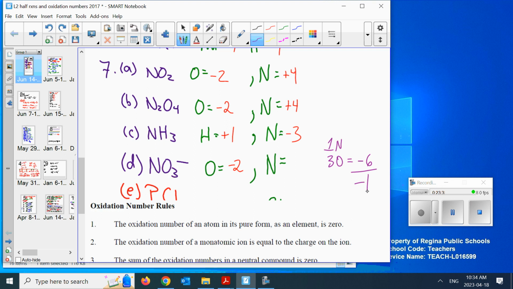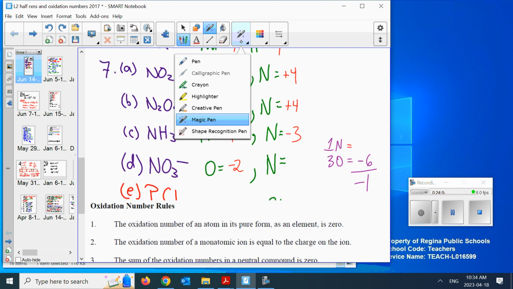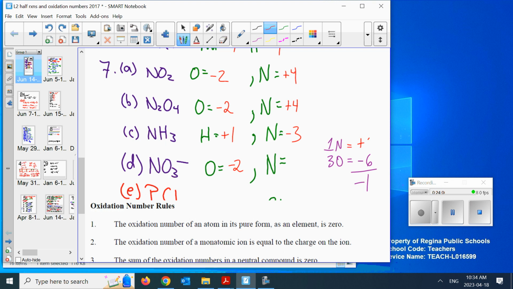So the N is going to be plus 5. Because it has a negative charge, the total has to be negative 1. If I give you a chemical with a little charge, like negative 1 or negative 2, this is arithmetic. You can do it. So, 5 is the arithmetic.